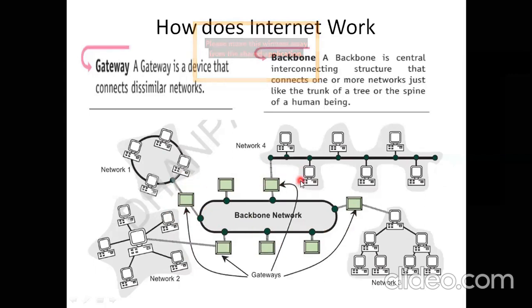When all the dissimilar networks get connected with the gateway and then all the gateways connect together to form the internet, they form a backbone network. It is a kind of structure, and when all of them combine together they form a backbone network, which is the internet through which you are getting all the services from all the different companies. So that is how you see what your gateway is and what your backbone network is.